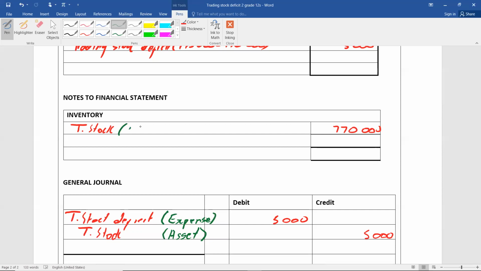Whatever you put in here must be stock counted, because that is the accurate value. This is all about trading stock.